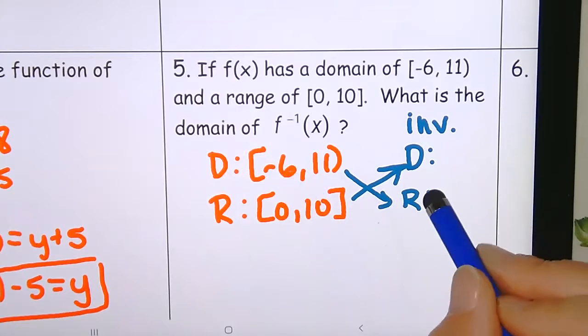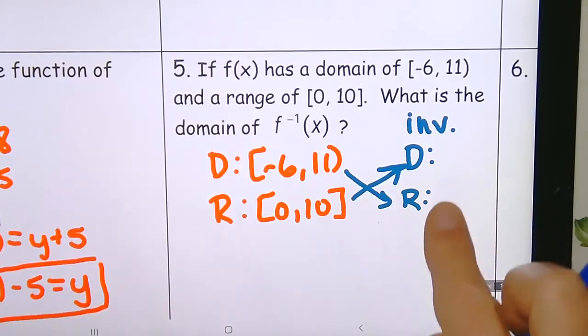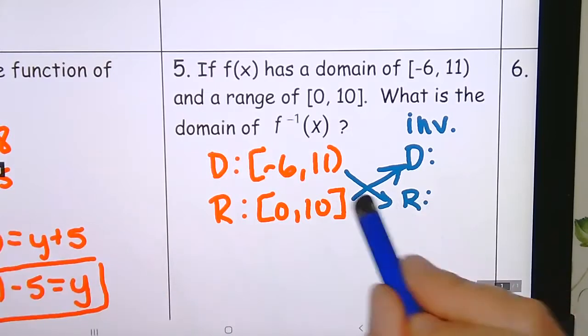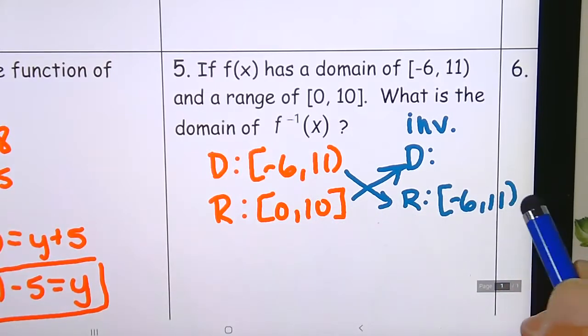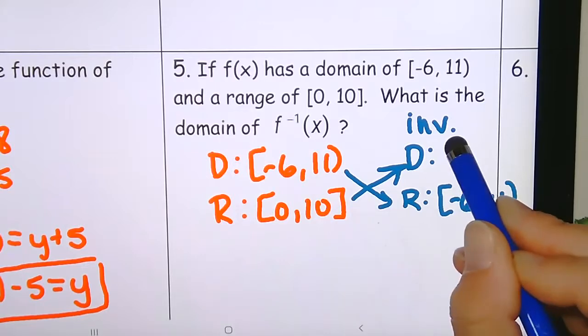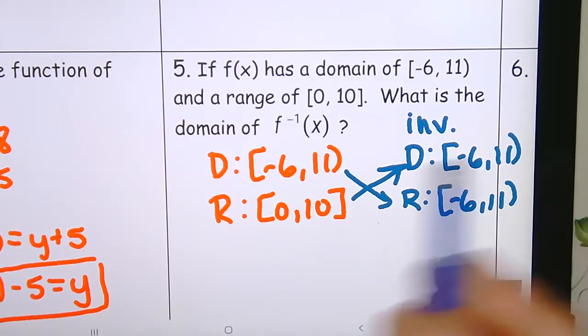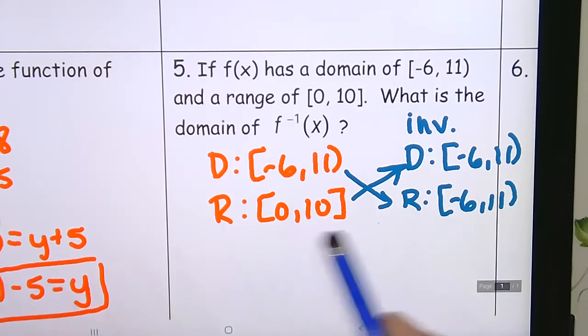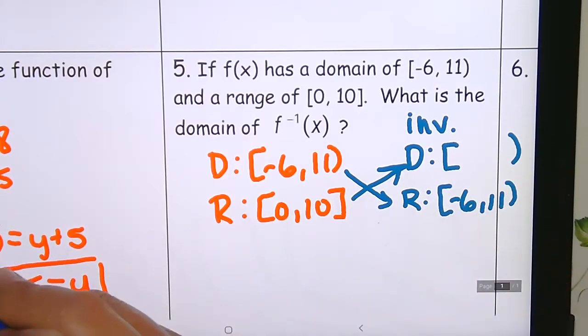So this domain is going to become my range, and this range is going to become my domain. Oops, what am I doing? I'm writing the wrong one, sorry. My range is going to become my domain.